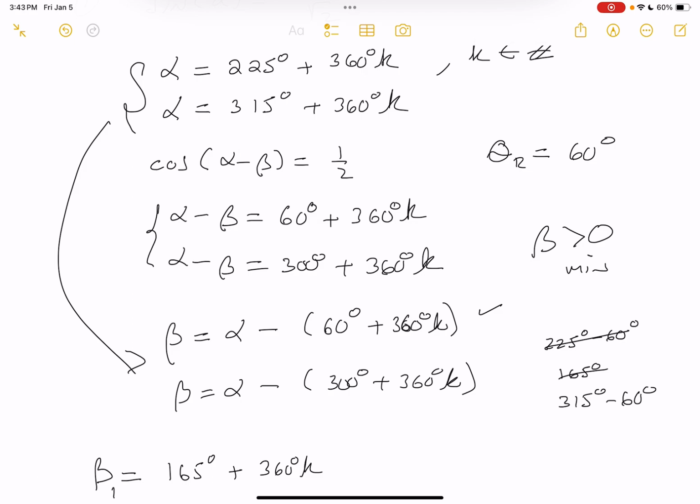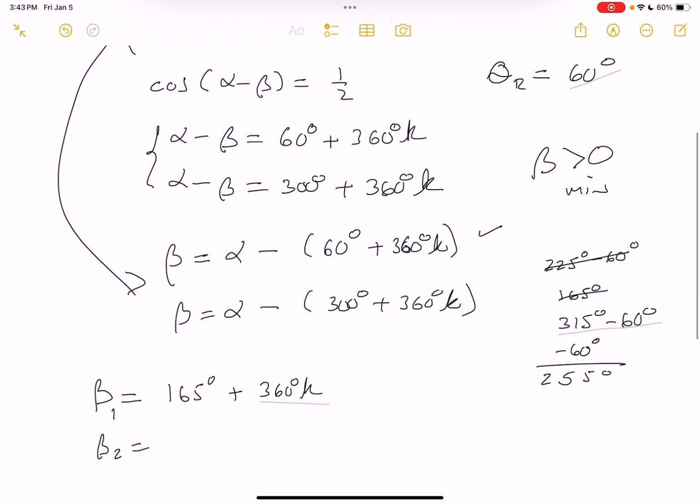Yeah, it's 225. And 315 minus 60 is 255. I'll put that down. All right. By the way, this one's winning out at this point.